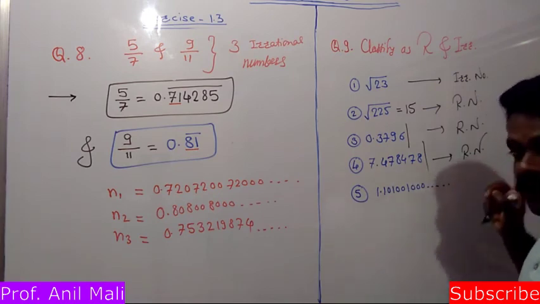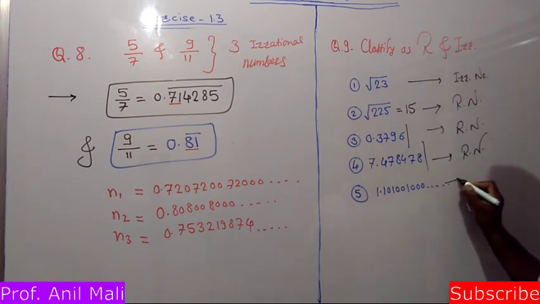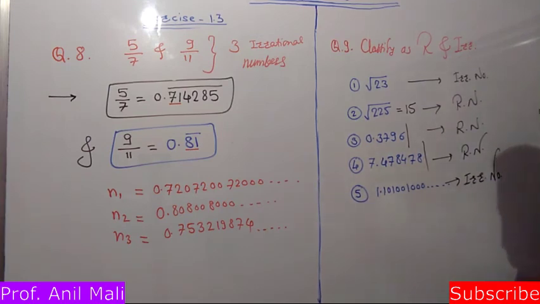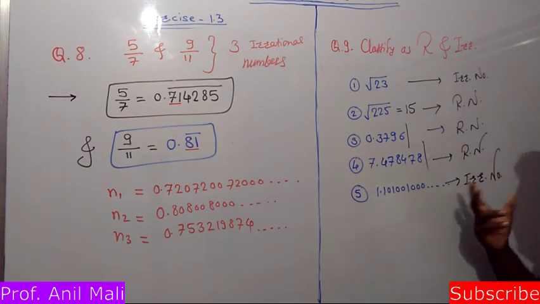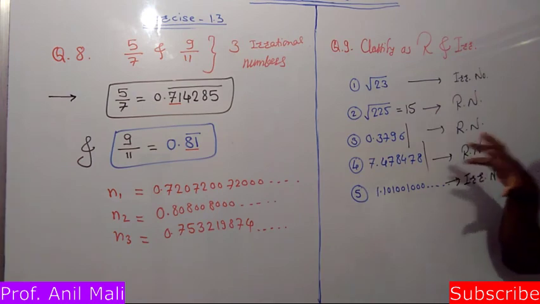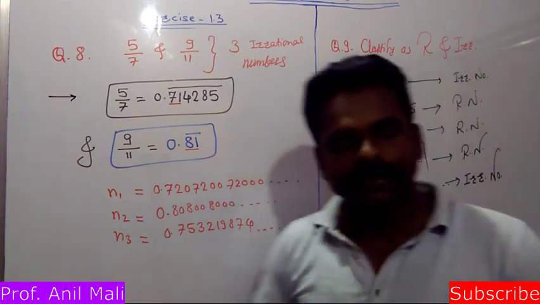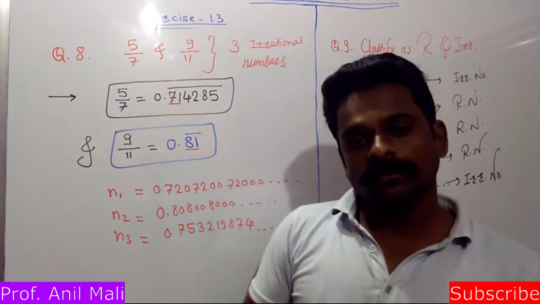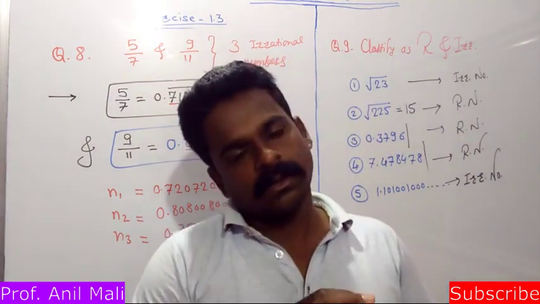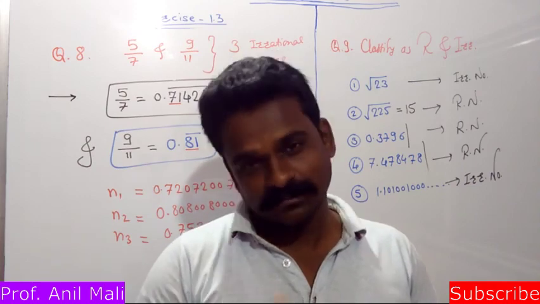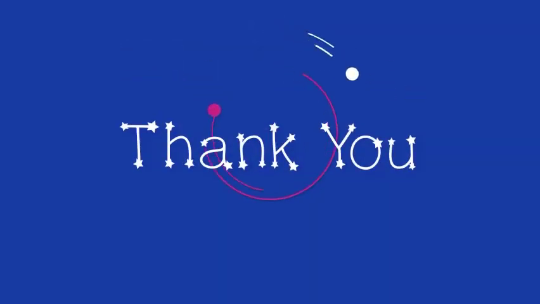Non-terminating and non-recurring means it is an irrational number. So these are some numbers which we need to understand, which of them are rational and which are irrational. I think all of you have understood it very well. Okay, thank you.